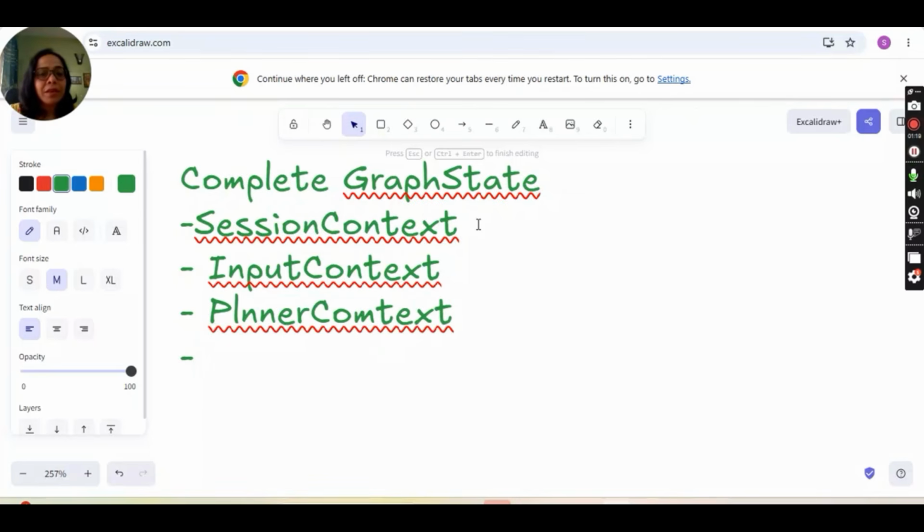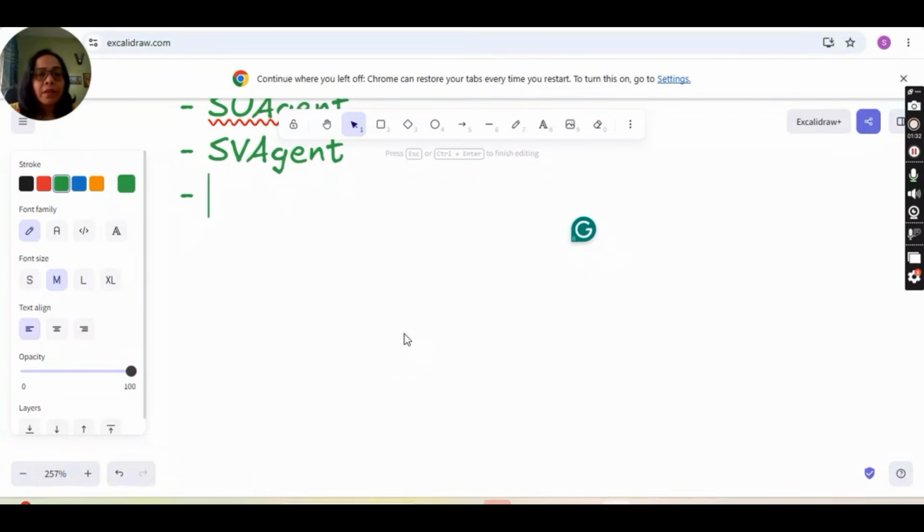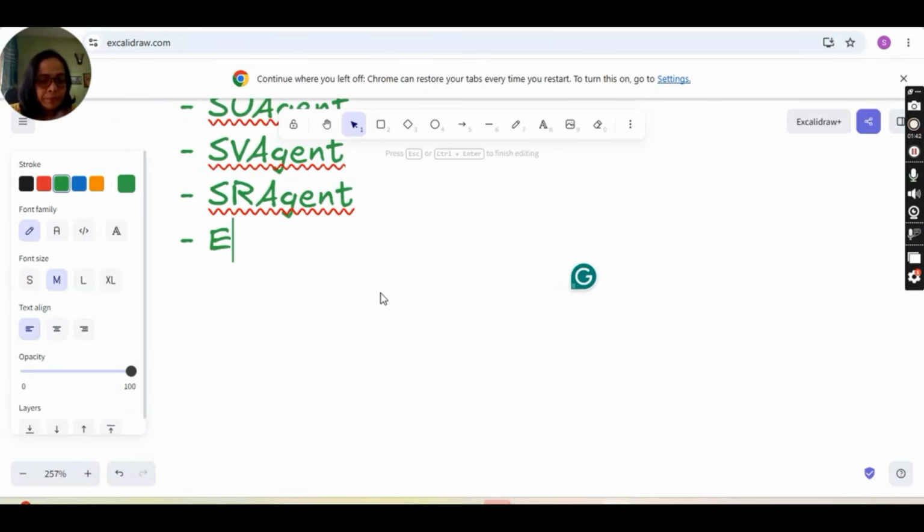Okay, then semantic understanding, I'm just writing SU agent. Then the next is semantic validation agent. You can write out semantic understanding, the complete word, and then semantic reasoning SR agent, and then evolution agent.